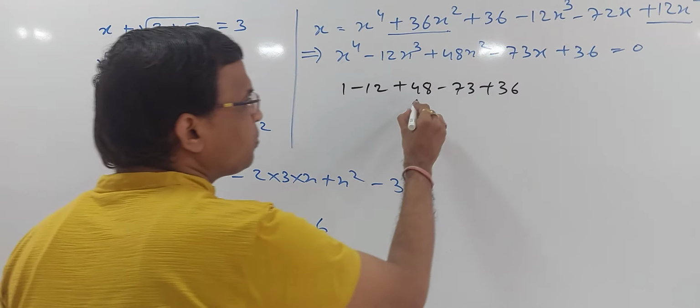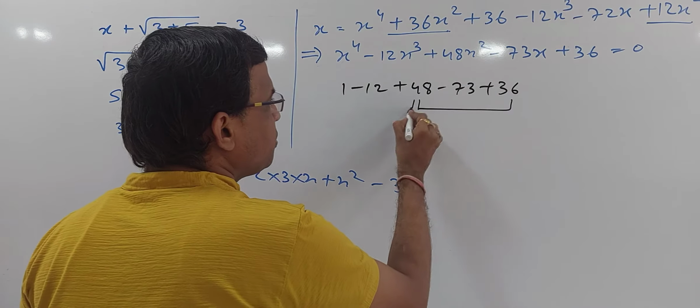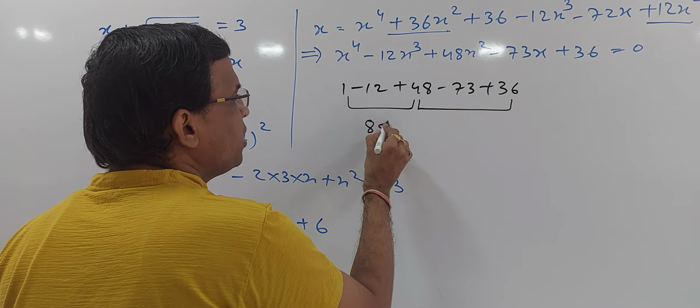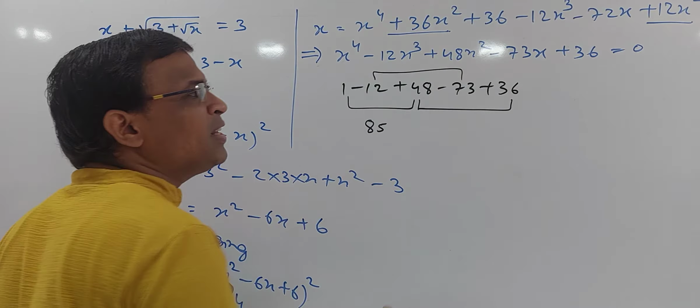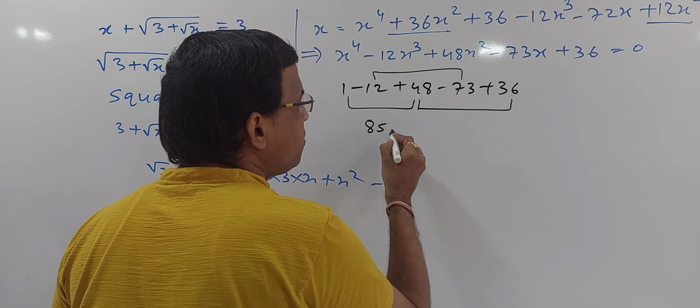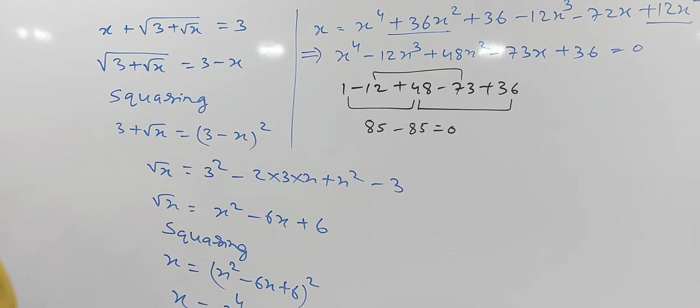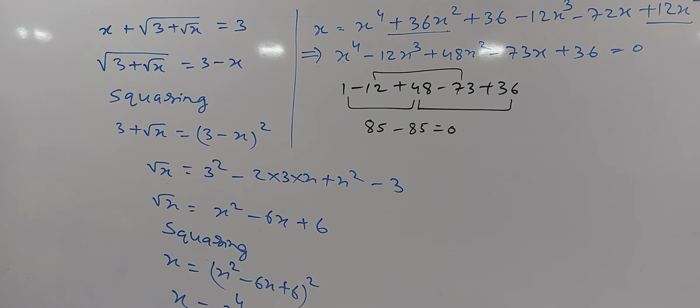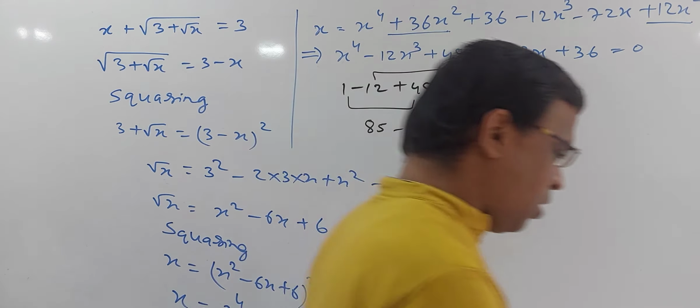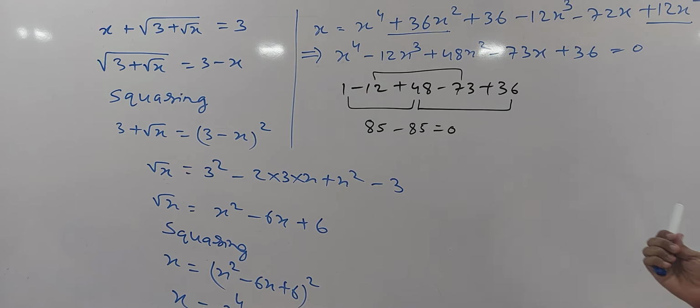So 48 plus 36 is 84, 84 plus 1 is 85. And yes, 12 and 73 sum to 85, so minus 85, and we are getting 0. So finally we can conclude that one of the zeros of this polynomial is 1.